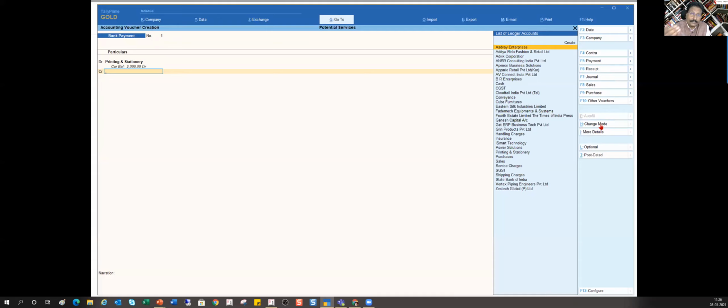If I had purchased this on credit, then I would need to credit Omega Stationery. Omega Stationery is a personal account, right? So credit the giver. He is the one who is giving material to you. And why are we capturing this party's ledger? Because at a later point in time, you have to make the payment of this 2000 rupees to Omega Stationery.